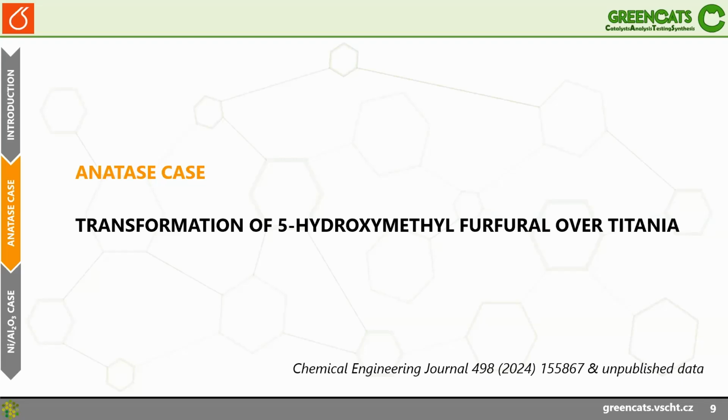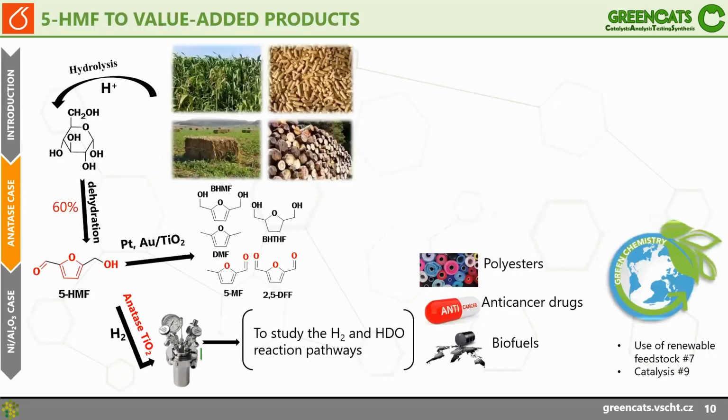We started the story with our catalyst, ruthenium on titanium, trying to hydrogenate hydroxymethyl furfural, which we would get by dehydrating cellulose or glucose coming from cellulose. So this hydroxymethylfuran and this hydroxymethyltetrahydrofuran are molecules that we can imagine would be useful as diols for synthesis of polyesters. So that is the idea behind.